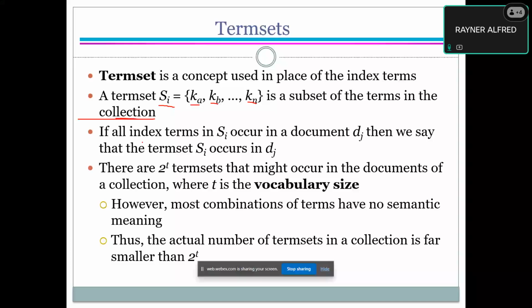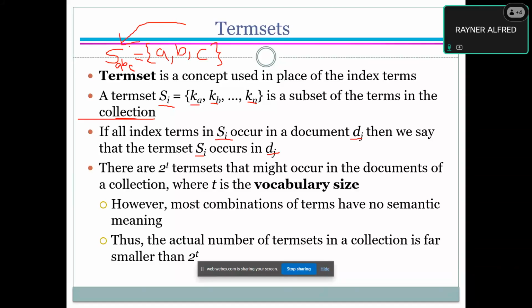So for example, if we have A, B, C, this is the term set A, B, C. This says that we have A, B, C in our document, so the term set ABC occurs in the document.